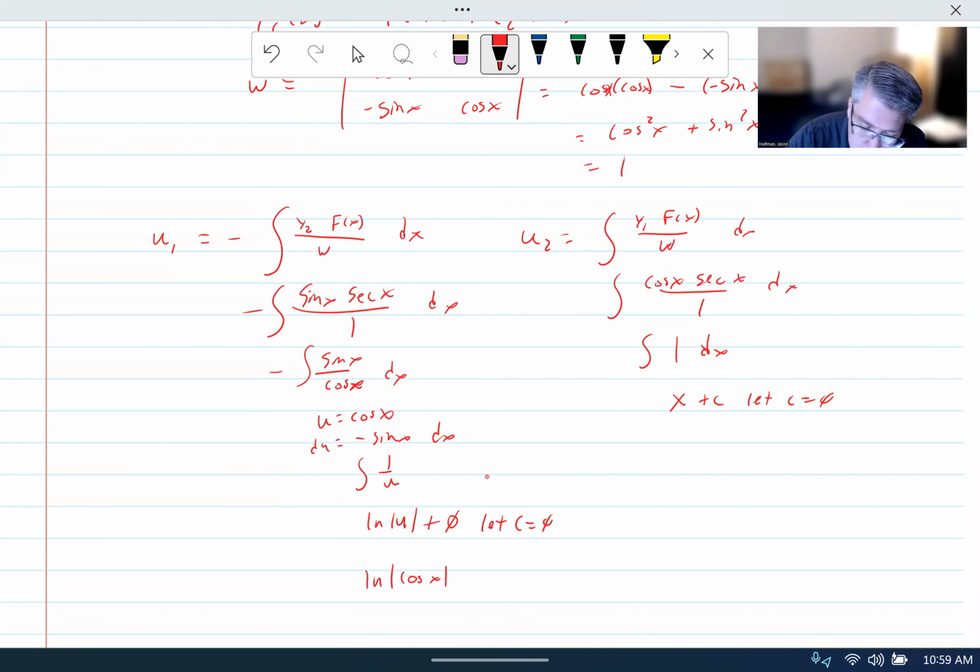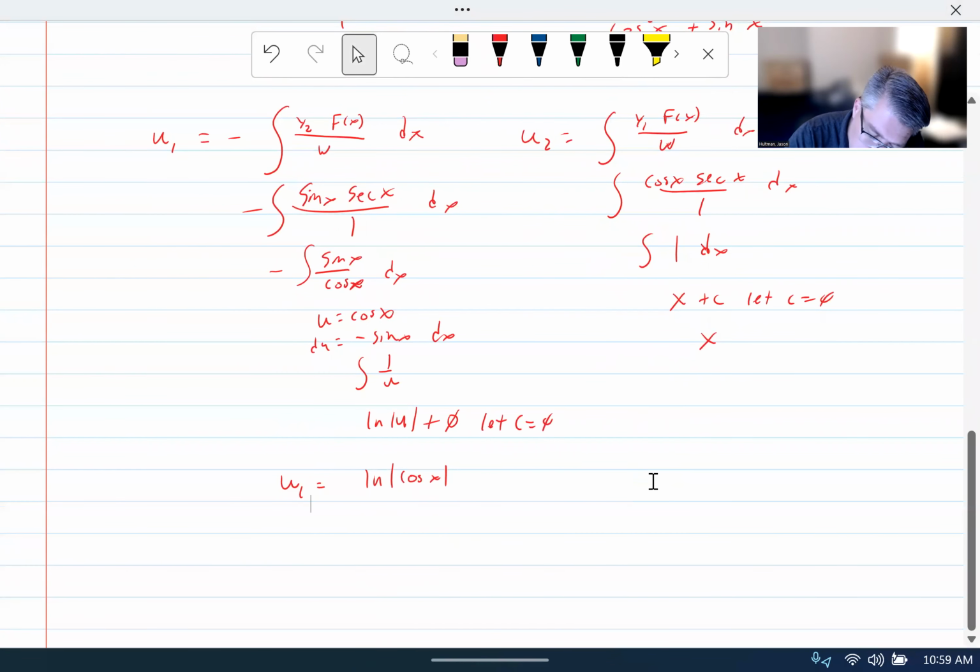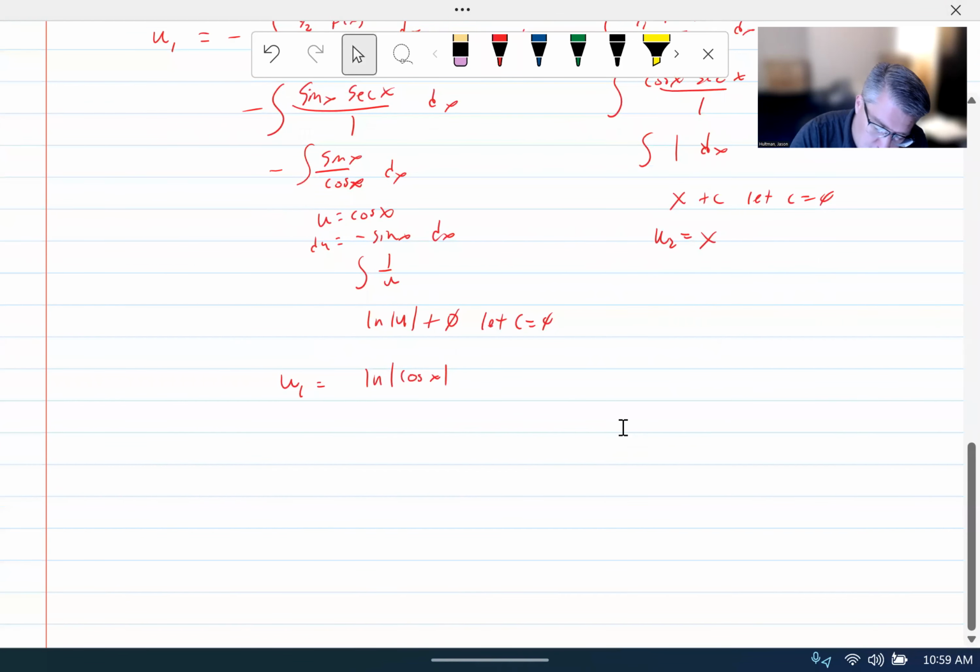We only need one particular solution. Okay, and so this is just going to be x. So u1 is equal to natural log cosine x, u2 is equal to x. So the particular solution here, yp, is equal to u1 y1 plus u2 y2.